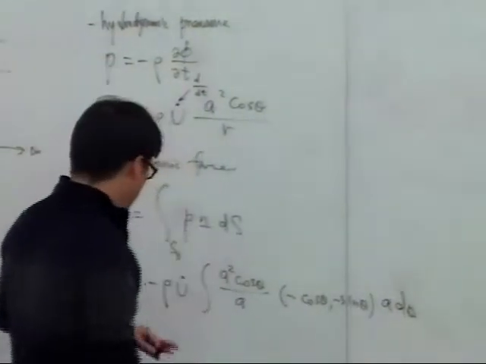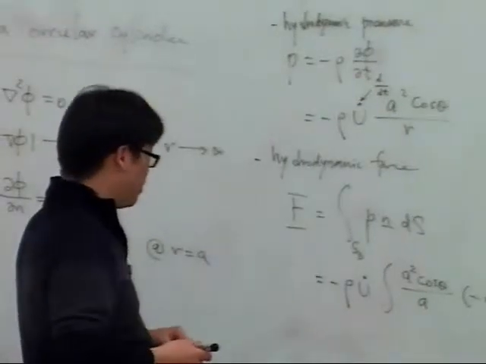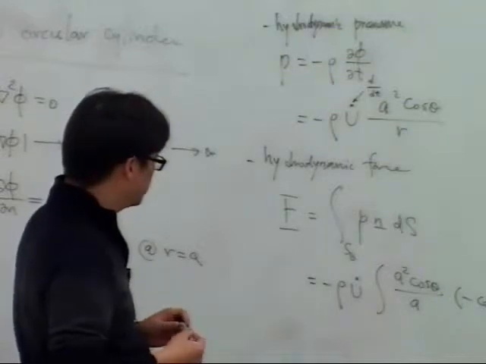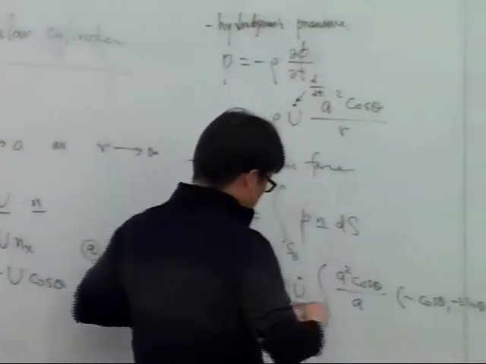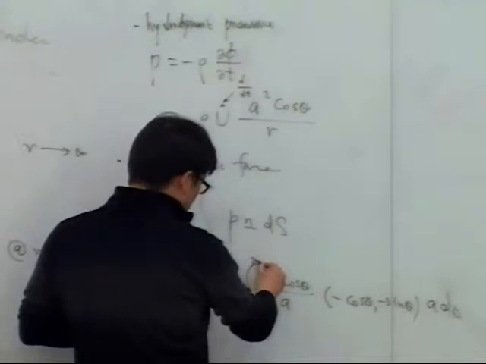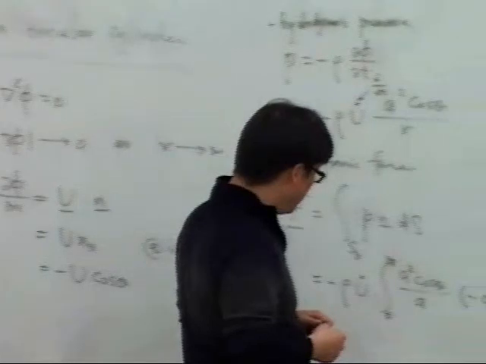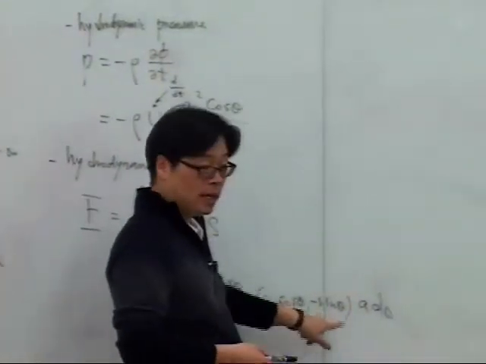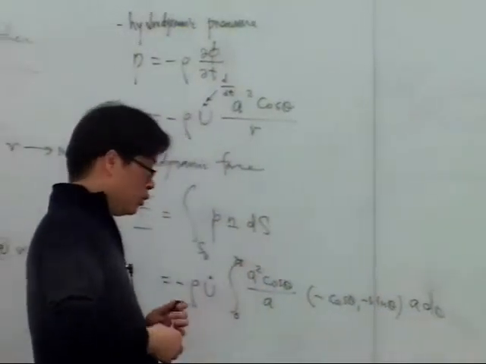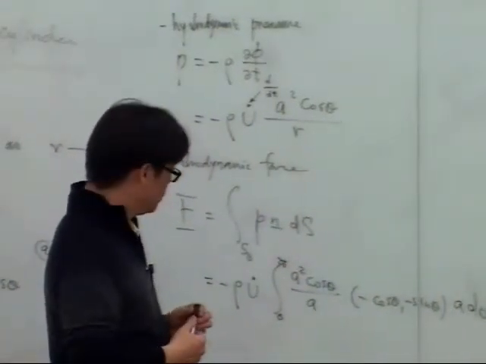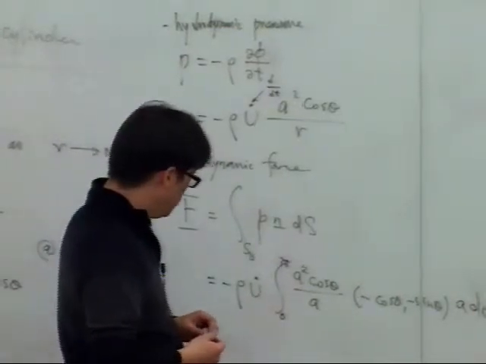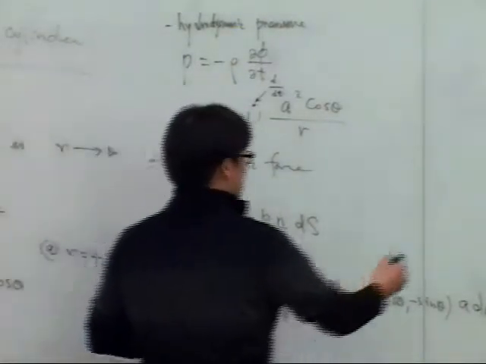So that will give us hydrodynamic force per unit length. And the integration has to go from 0 to 2 pi because we move around the circular cylinder. And when I have cosine theta times sine theta, if I integrate over 0 to 2 pi, that is 0. Okay, and so Fy is identically 0.